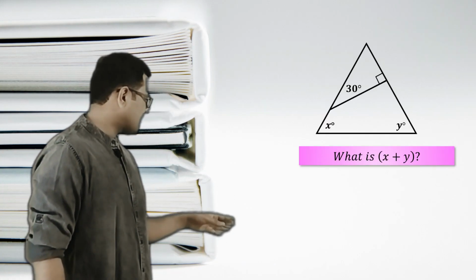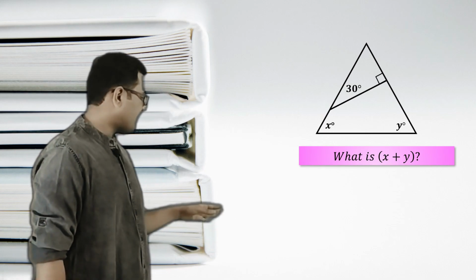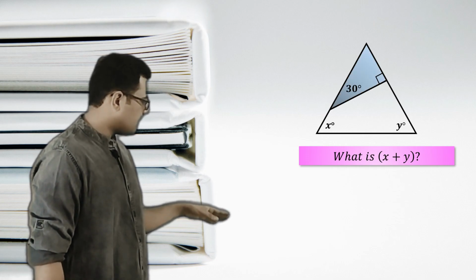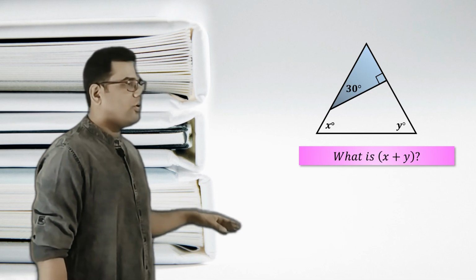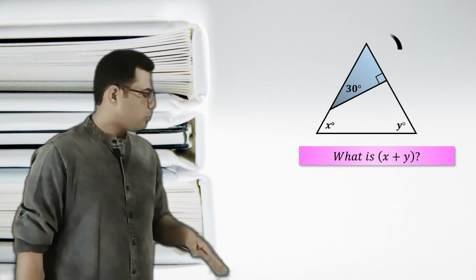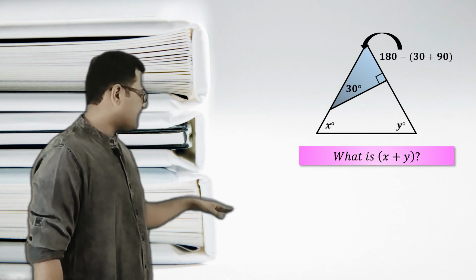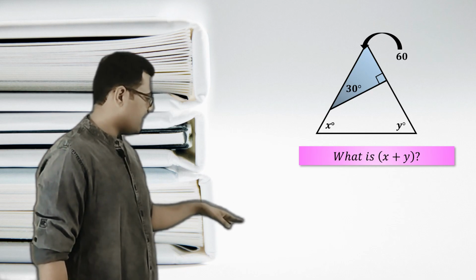Okay, so let's solve another problem. In this problem, we have been given a figure of a triangle, and the problem wants us to tell what X plus Y is. So let's first concentrate on this smaller upper triangle. For this smaller upper triangle, we know that the sum of interior angles equals 180 degrees. So this particular angle is going to be 180 minus (30 plus 90), which equals 60 degrees.